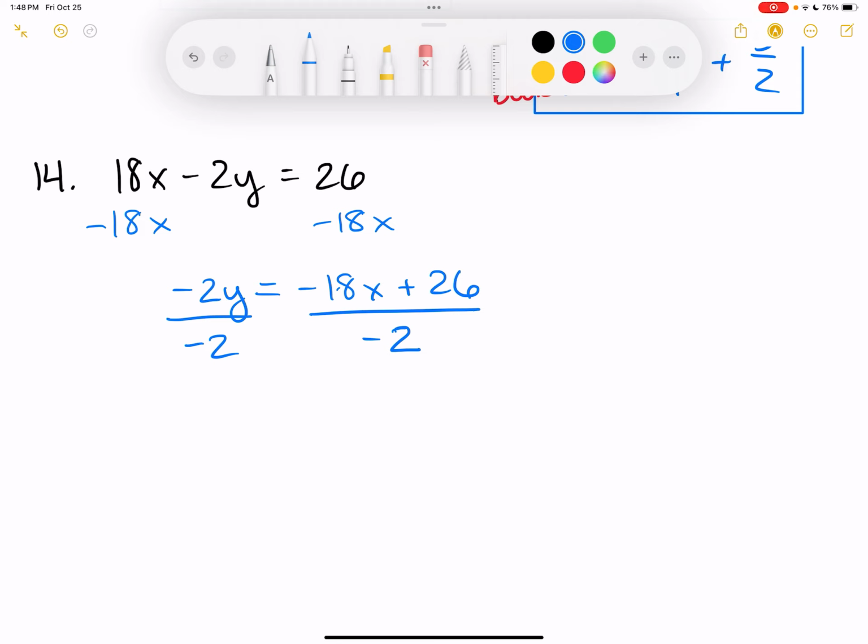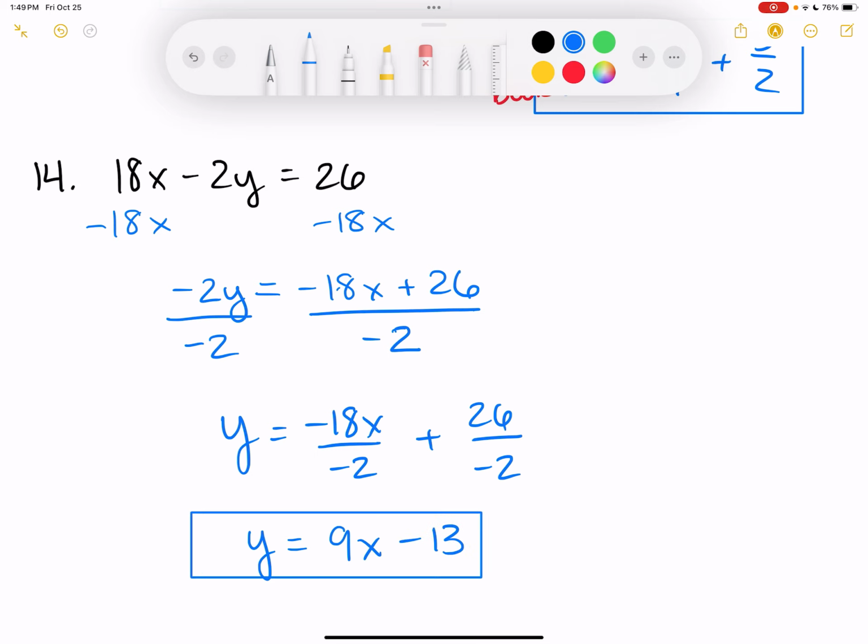So y equals negative 18x over negative 2 plus 26 over negative 2. Negative 18x divided by negative 2 would be what? 9x. And then 26 divided by negative 2? Negative 13.